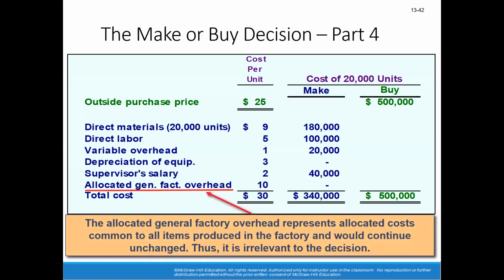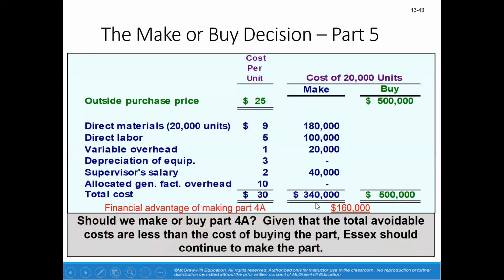To allocate that general factory overhead, remember, that wouldn't change this general factory overhead. It's allocated to all items, so that's irrelevant to making the decision, which is why this isn't included here. Should we make it or should we buy it, guys? We should continue making it, right?